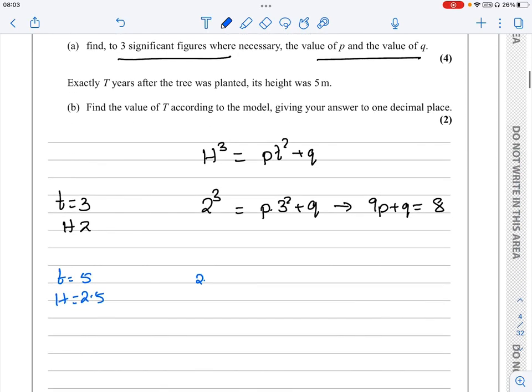Actually, it is 2.4, not 2.5. So 2.4 cubed equals p times 5 squared plus q. So I'll get 25p plus q equals 2.4 cubed. So 2.4 to the power of 3 gives me nothing but 13.824.